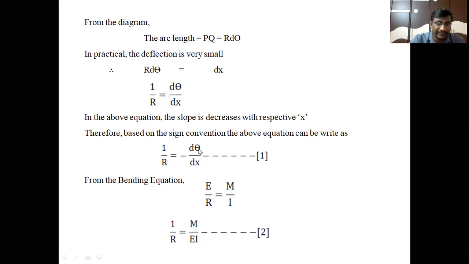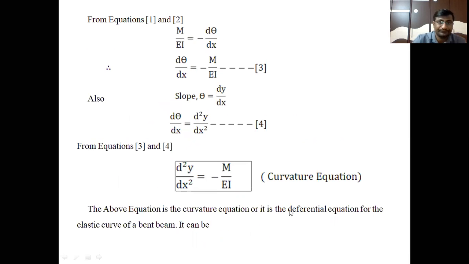Therefore, minus d theta by dx is equal to M by EI, or d theta by dx is equal to minus M by EI. Take it as the 3rd equation.